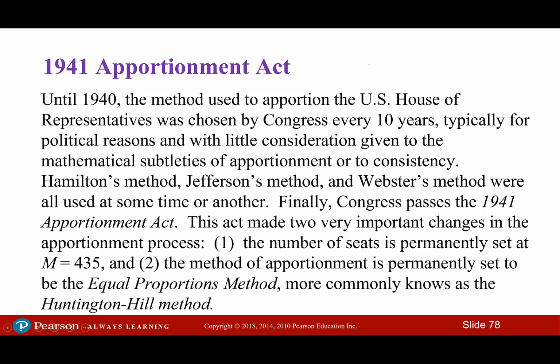So 1941, a little before we entered into World War II, we had this method in which we either used the Jefferson method, the Adams method, or the Webster method. And every 10 years, Congress pretty much decided which method they wanted to do.